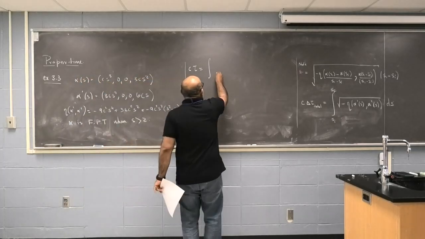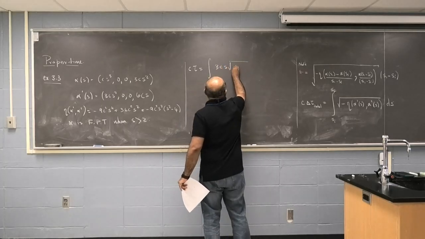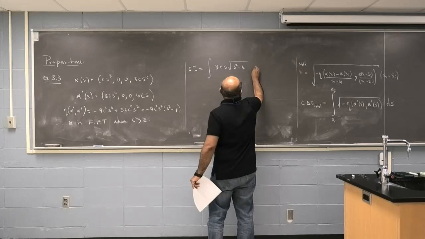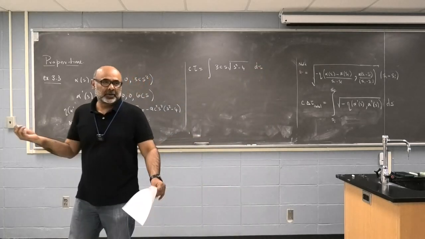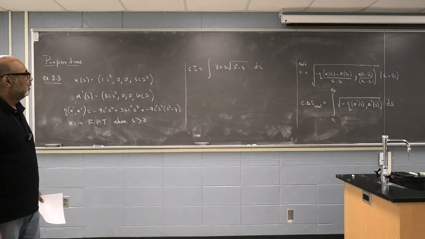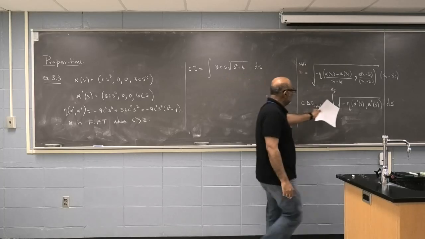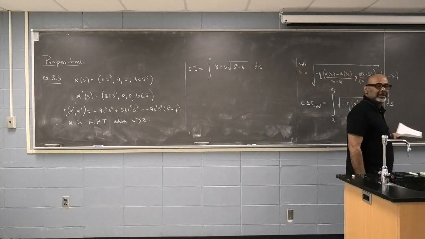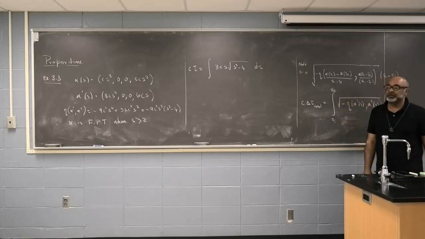So I have 3cs times the square root of s squared minus 4 ds, plus some integration constant. In particular, this is tau. Tau is a function of s. We don't need a dummy variable because I didn't write it as a definite integral.